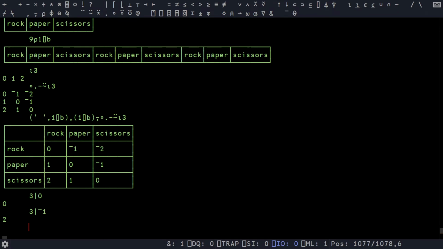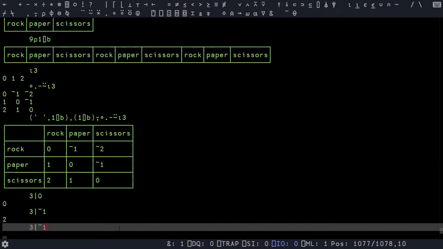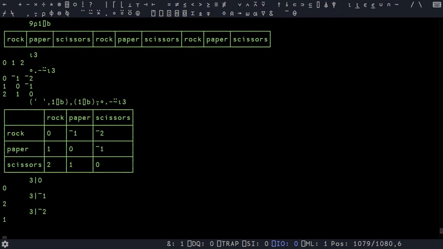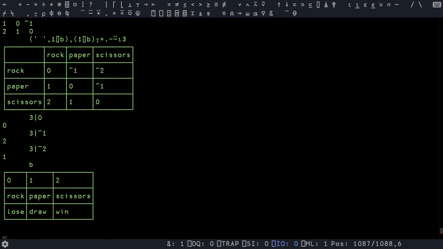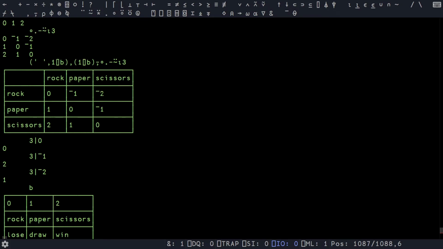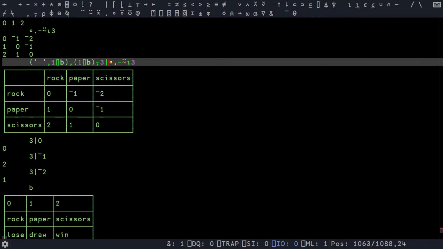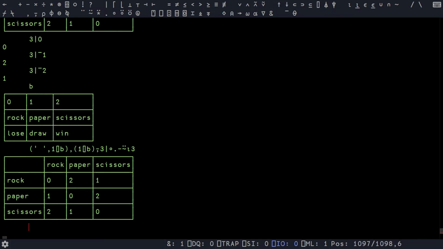So negative 1 mod 3 is 2. Negative 2 mod 3 is 1, right? So in order to map these values into our 0, 1, 2 range that we want, if we look at the table again, we can do mod 3 here to bring the negative values into this range.